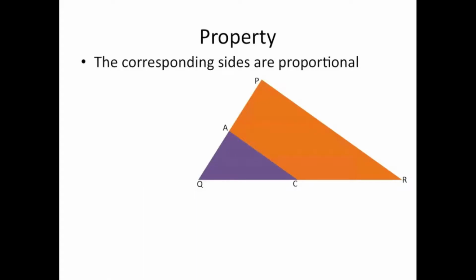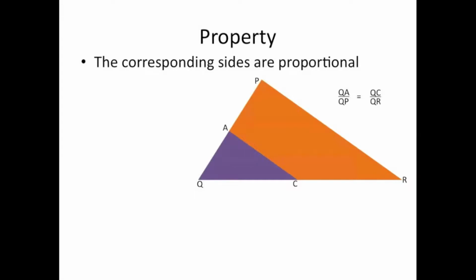What we want to show in this proof is that the lengths of the purple triangle are proportional to the lengths of the orange triangle. That can be written as QA over QP is equal to QC over QR.